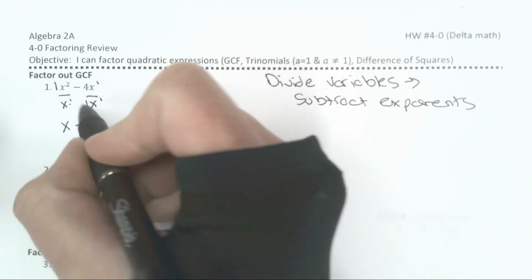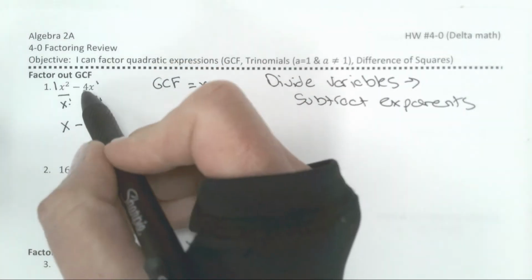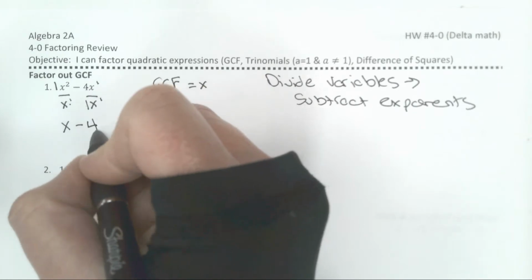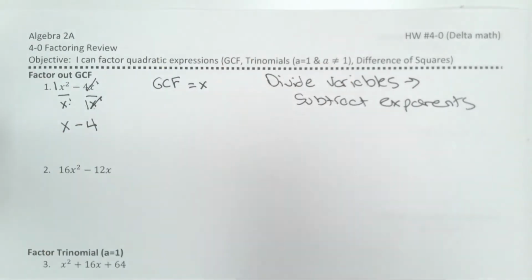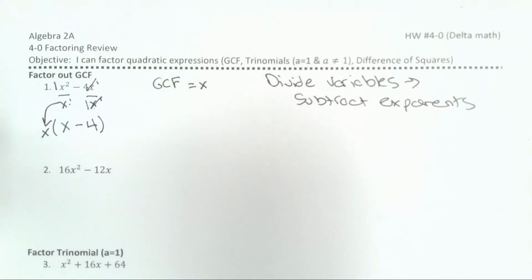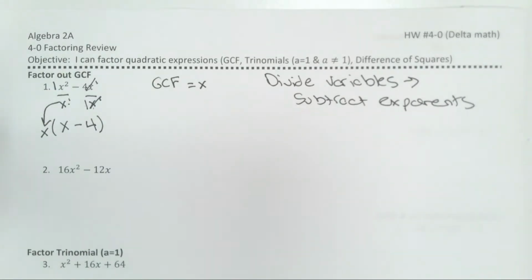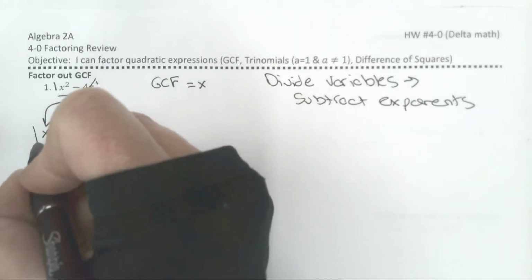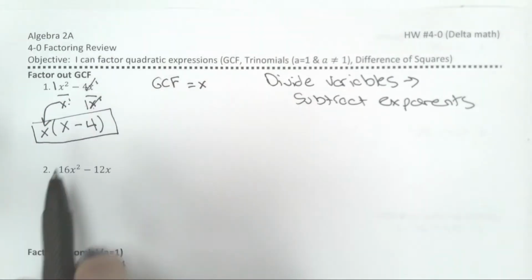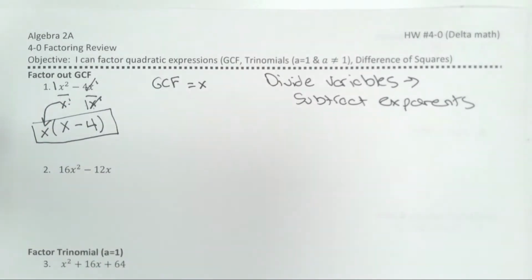There's an invisible 1 in front of that, so 4 divided by 1 is 4, and x divided by x, they cancel each other out. And then to fully factor it, you just have to take whatever the GCF is and bring it down in front of your other two terms there.